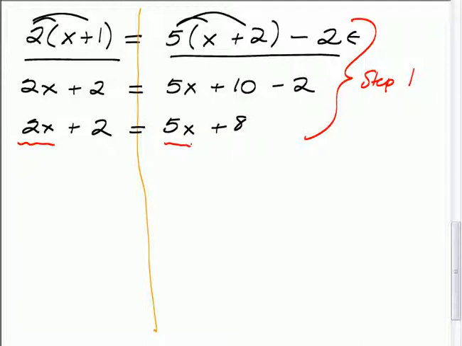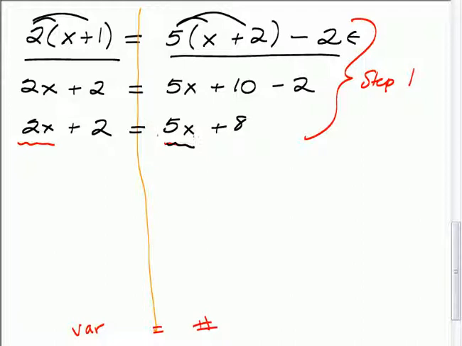So let's decide, and it doesn't matter which side, but I'm going to say I want all of my variables on the left, and that automatically means we want all of our plain old number terms on the right. If all of the variable terms are going to go on the left, who is out of place? The 5x is out of place because he's a variable term and we want him on the left.